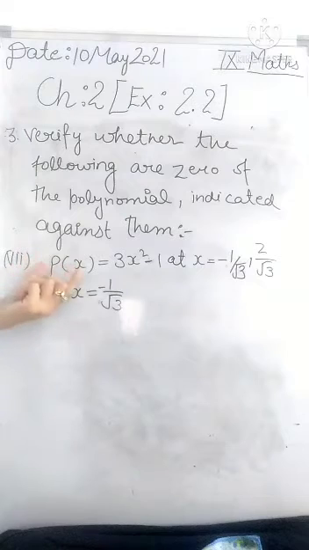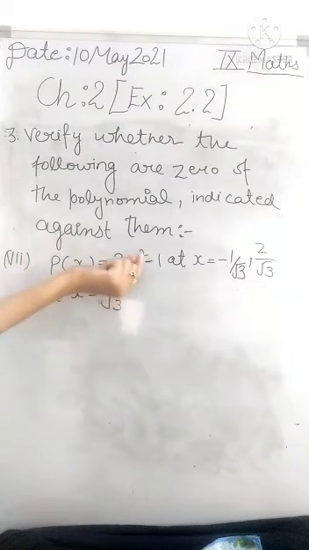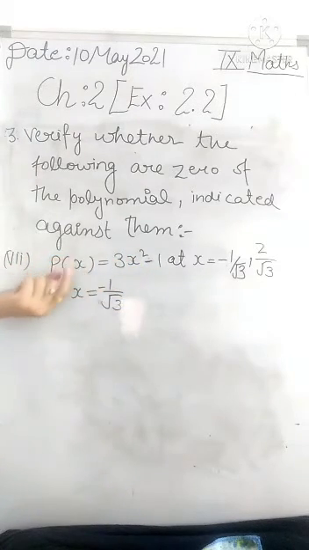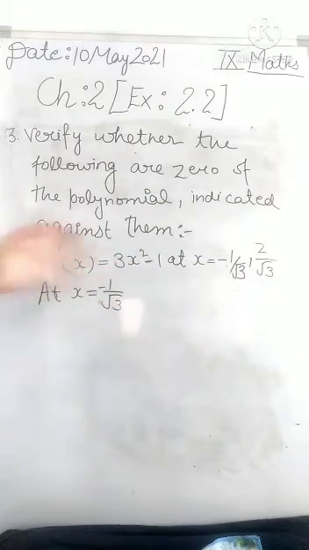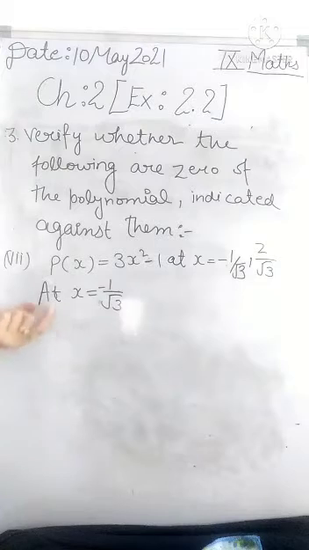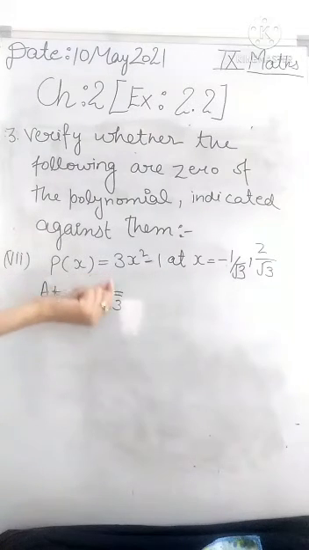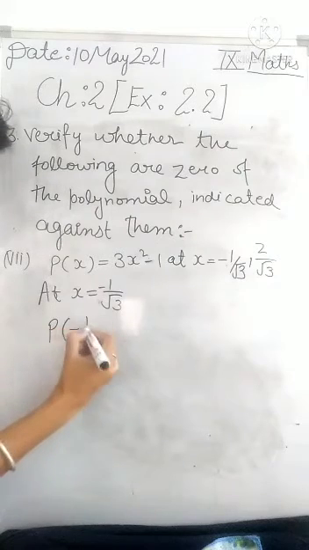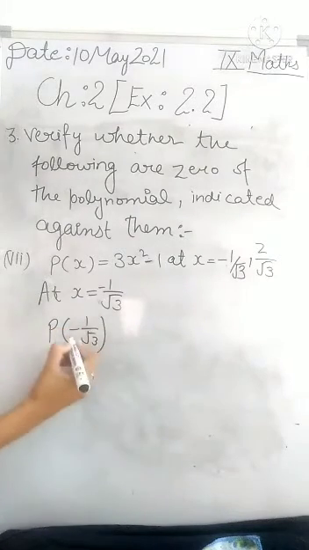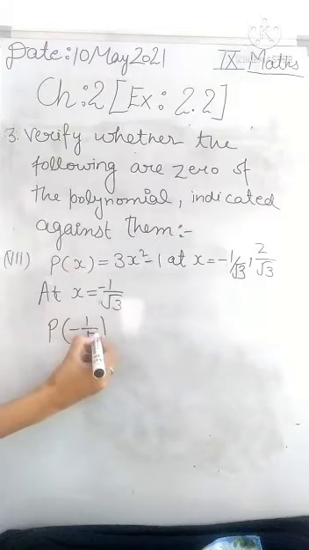Again we have a given polynomial p(x) equals 3x square minus 1. Clear? You have to find whether these two values of x are 0 of the given polynomial or not. So first of all we will check at x equals minus 1 divided by under root 3. Where you have x, you can put the value of minus 1 divided by under root 3.